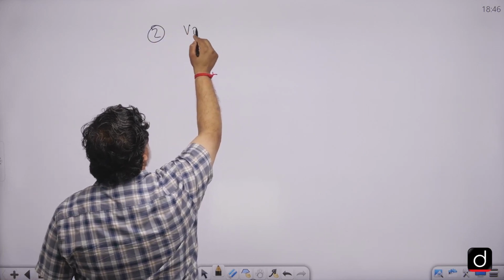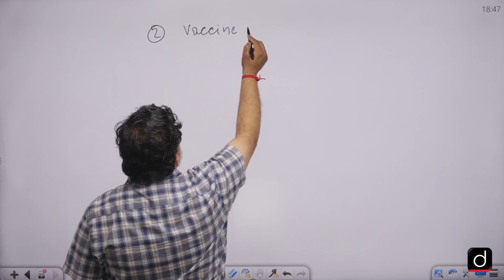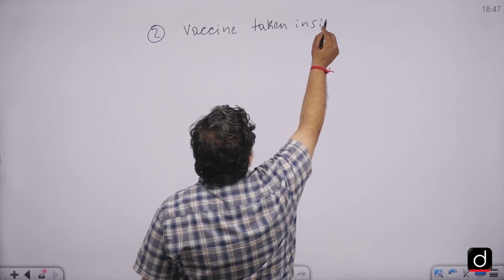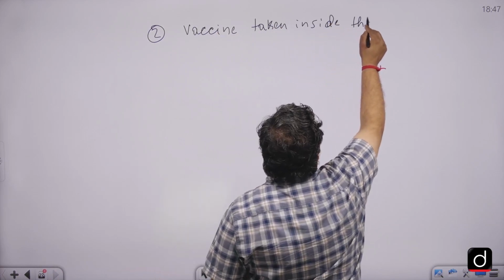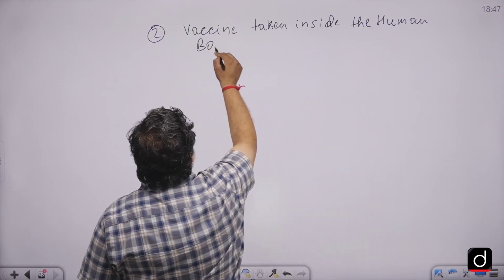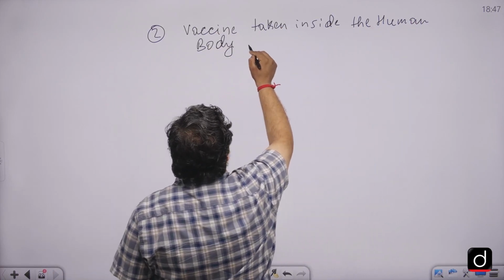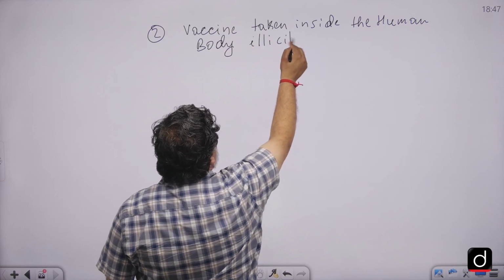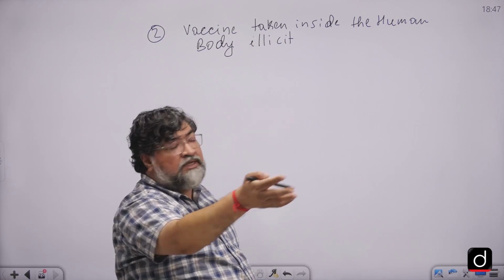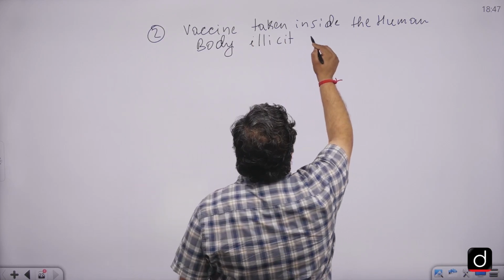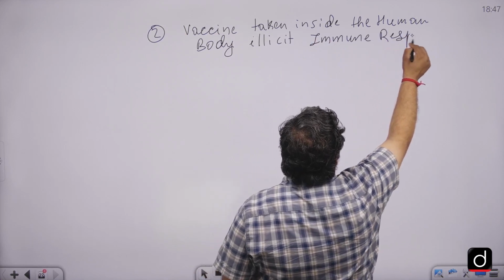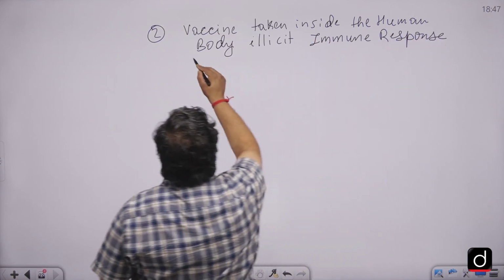So when we take the vaccine, it is taken inside the body. Now you are explaining inside the human body, either the vaccine contains the dead virus, or let's say it contains the protein subunit of COVID-19 or messenger RNA, so that it elicits an immune response to produce antibodies.